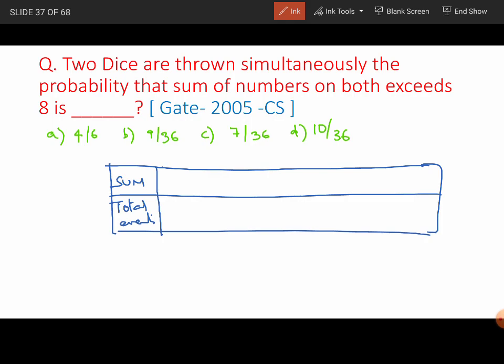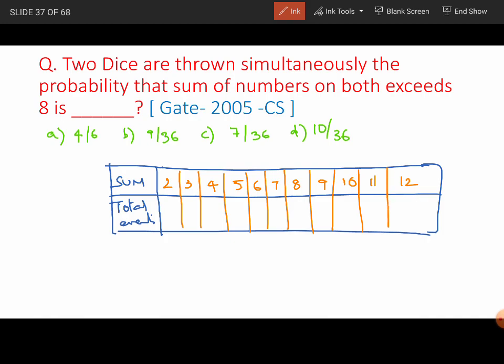So when I throw the 2 dice, the minimum sum would be 2. It would start from 2: 2, 3, 4, 5, 6, 7, 8, 9, 10, 11, 12. These are the sums on the 2 dice when we throw them.